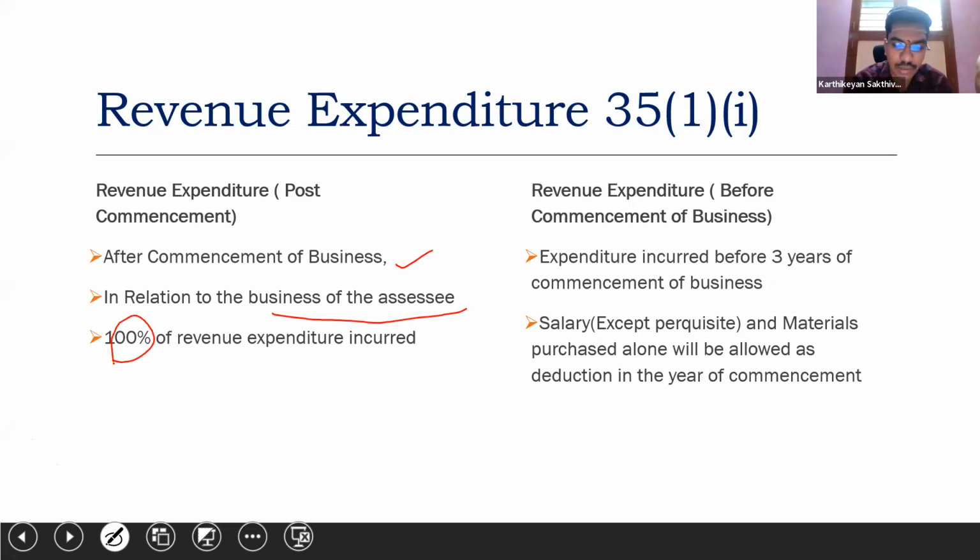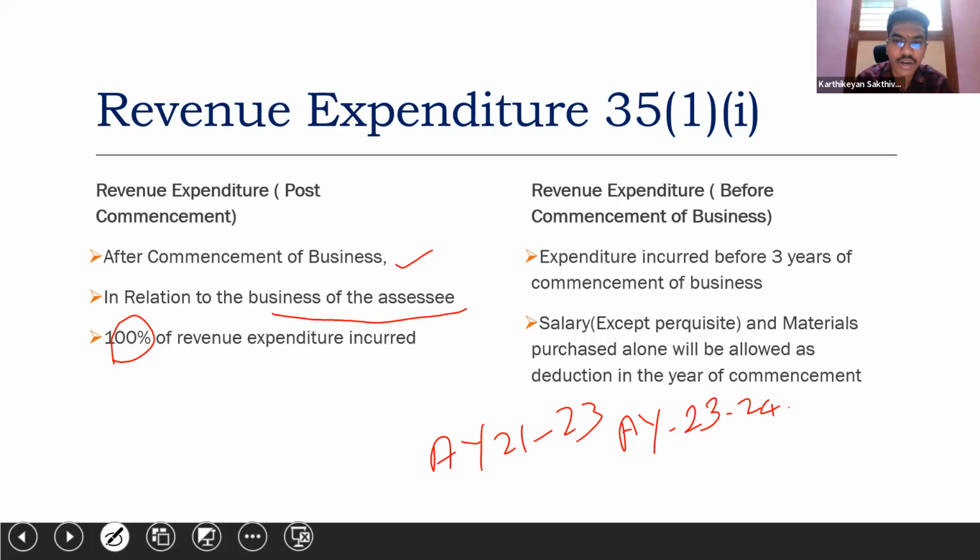However, assume for example that in the current assessment year 23-24, I'm starting a business. In assessment years 21-22 and 22-23, I have done research for me to start this business.